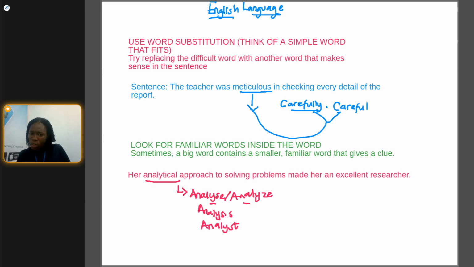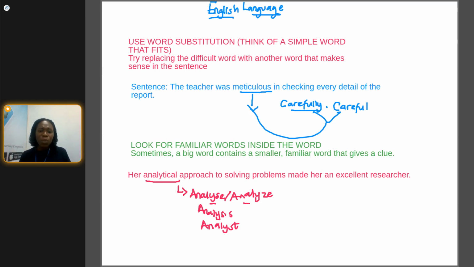That approach in solving her problems made her an excellent researcher. So once you have an understanding of what that means already, you can now go ahead to determine what the synonyms are. But of course, since it's an exam, you're definitely going to have to choose just one of them.